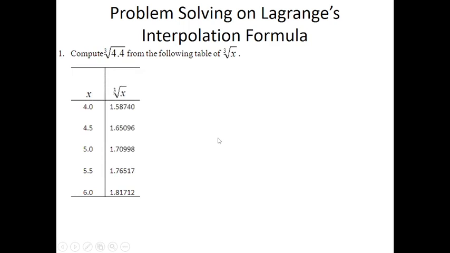So here is the problem. We are to compute the cube root of 4.4 from the following table of cube root of x. So suppose we don't have a calculator in finding the cube root of 4.4. We can apply the Lagrange interpolation formula to obtain the cube root of 4.4. So in here, 4.4 is replaced by x.